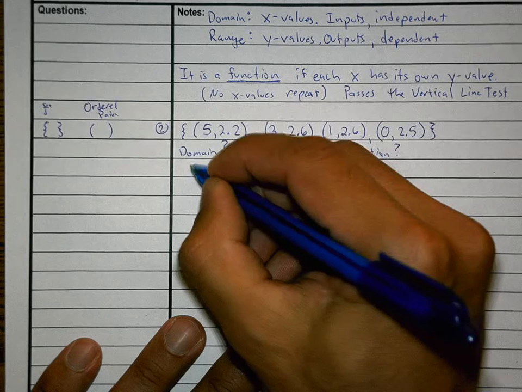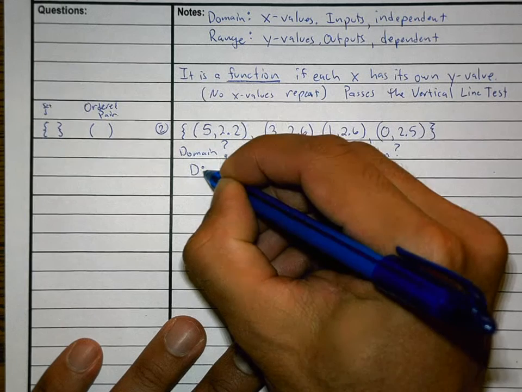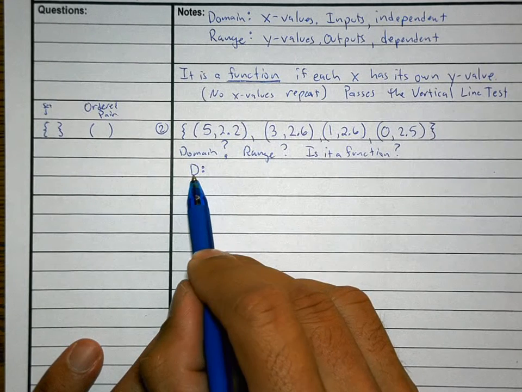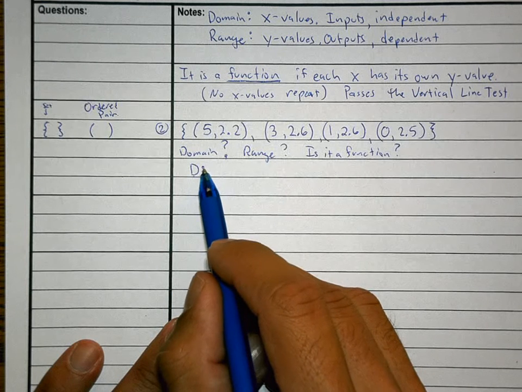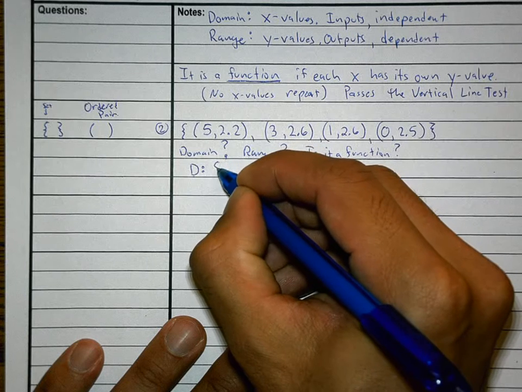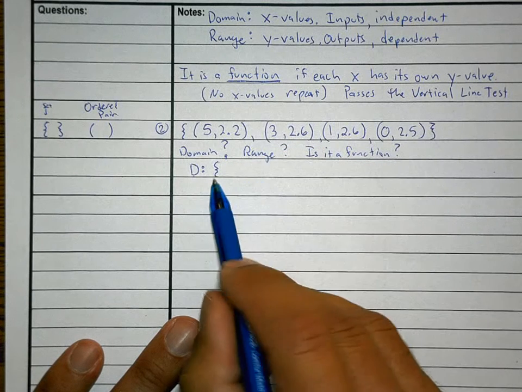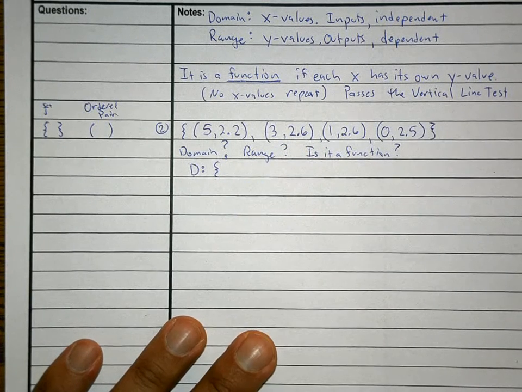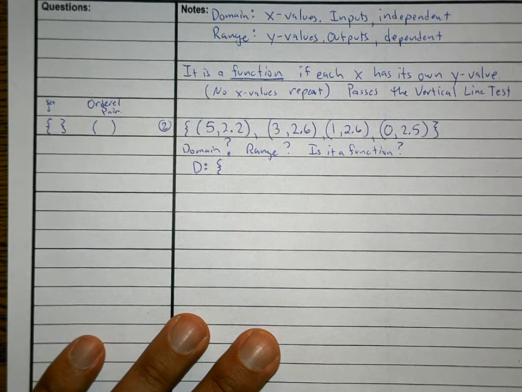I want you to answer it with a capital D with a colon. The D is going to represent domain. The domain is made up of, and I want you to use a solution set bracket, a set, curly braces.